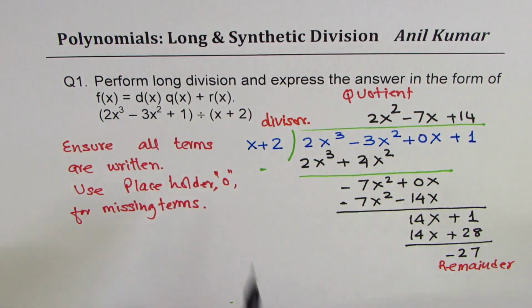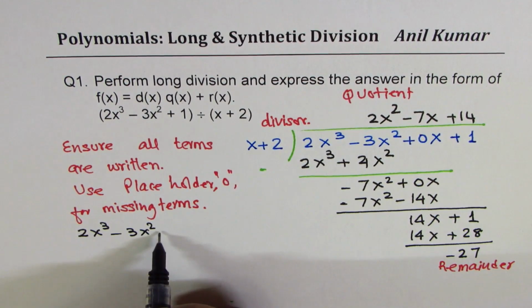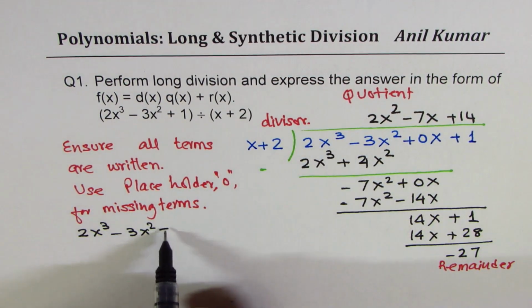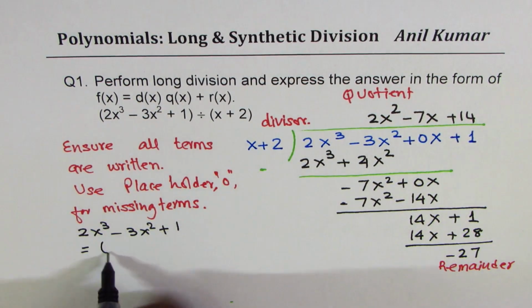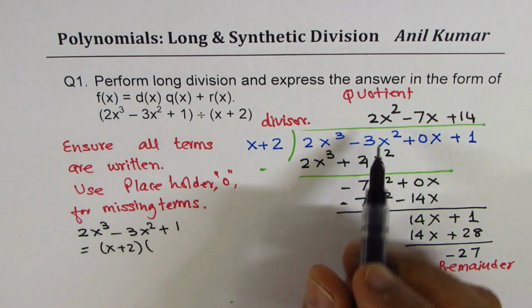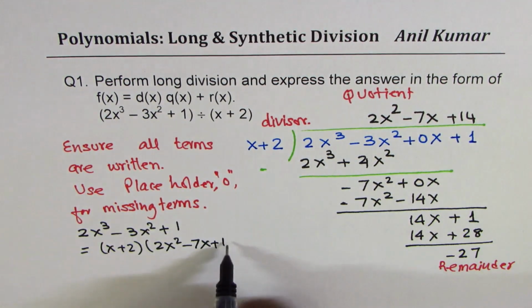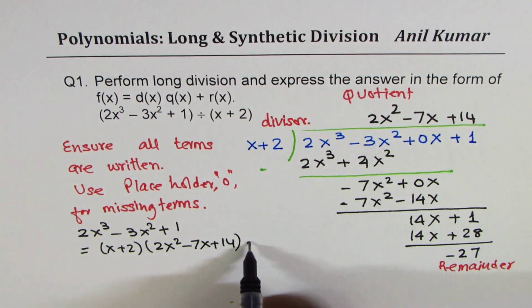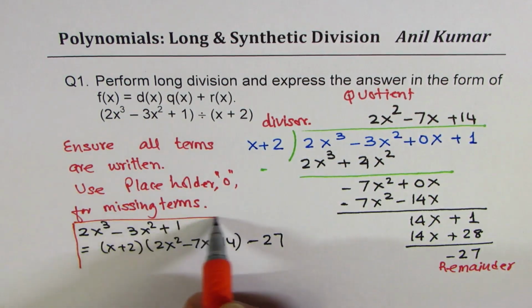So the statement can be written as f of x, which is 2x cubed minus 3x squared, no need to write the placeholder now, plus 1 is equal to divisor, which is x plus 2, times the quotient, which is 2x squared minus 7x plus 14, plus the remainder, which is minus 27. Right? So that is what you get as your answer. So I hope the steps are absolutely clear.